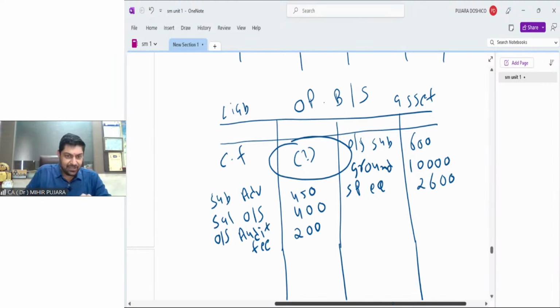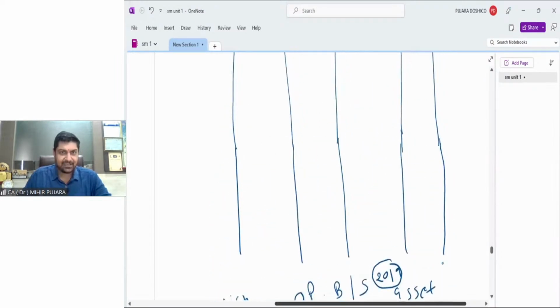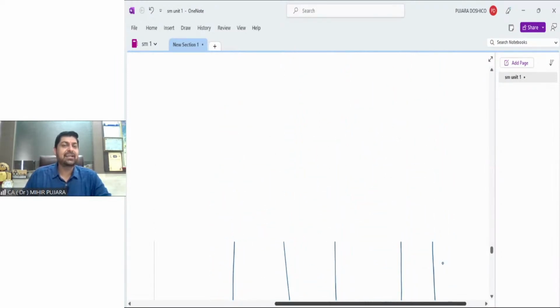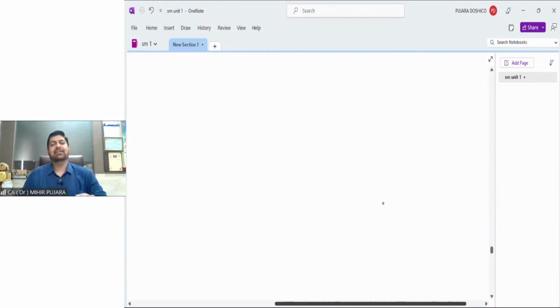Clear, guys? The loan of 2,000 is taken in 2019, last year, but it is outstanding throughout the year 2020. So the same loan we need to show in the current year balance sheet also.